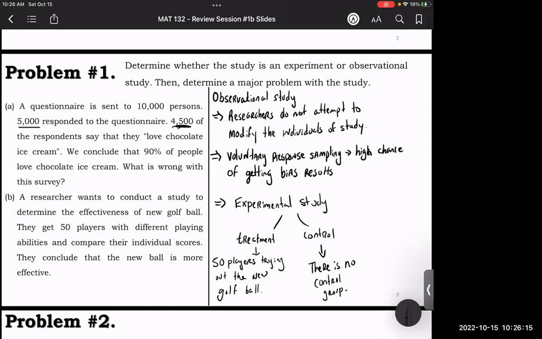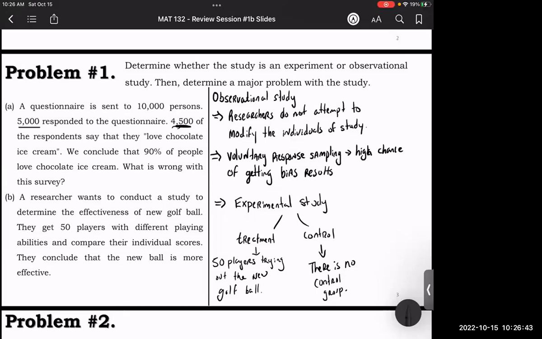Anybody? If the treatment is 50 players trying out the new golf ball, then what would have technically been the control group? The effects of the new golf balls? Not quite. Given a different golf ball. That's right, Rachel.